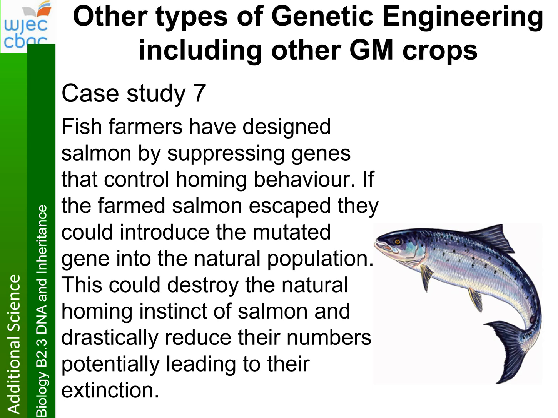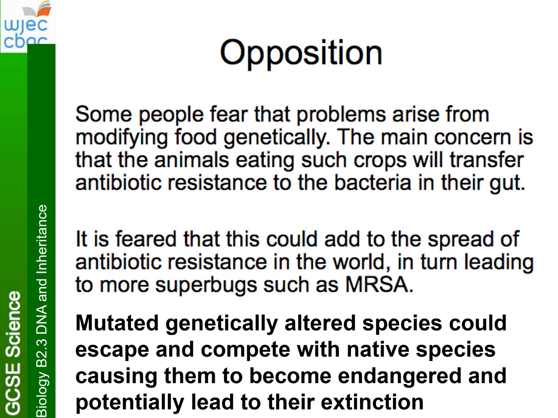So sometimes by introducing this suppression of genes, if these genetically modified organisms do escape into the environment and breed with the native ones, we can lose that ability for salmon, for example, to naturally home. It's like they've got their own little sat-nav built in to find their breeding ground to go back to. So that's another disadvantage. So some other reasons why people are against genetically modified organisms.